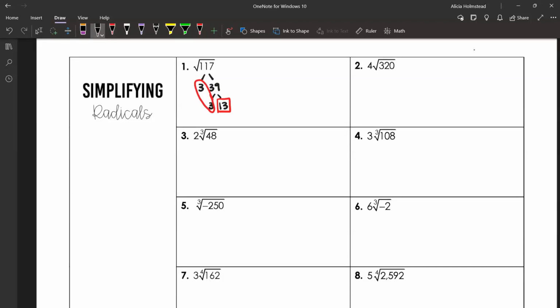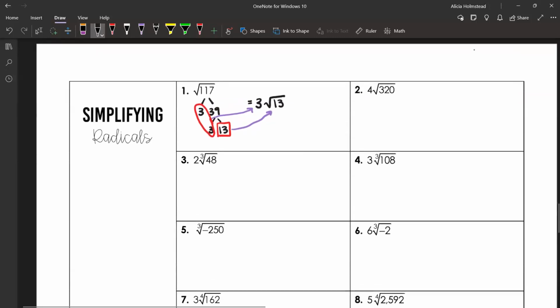Just note that we're only concerned with ends of branches, so we're not going to do anything with that 39. Now, if we rewrite this, looking at the group of 2, 1 thing in the group of 2 goes on the outside, and anything left over stays on the inside. So the 3 goes on the outside, and the 13 goes on the inside.